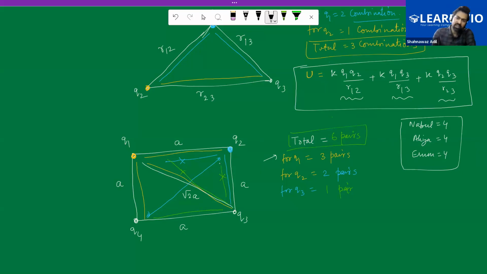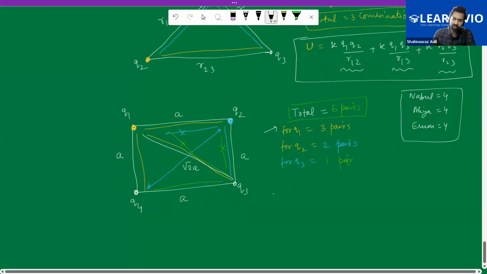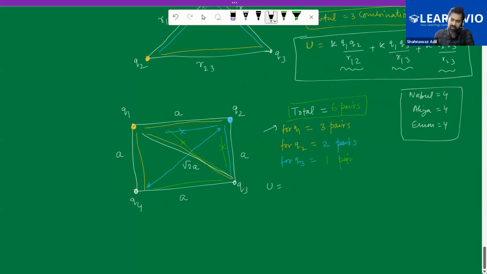So now let us write all the potential energy. So potential energy would be how much? For Q1, that is K Q1 Q2 divided by A, plus K Q1 Q4 divided by A, and then K Q1 Q3 divided by root 2 A. So these are the potentials that I have.